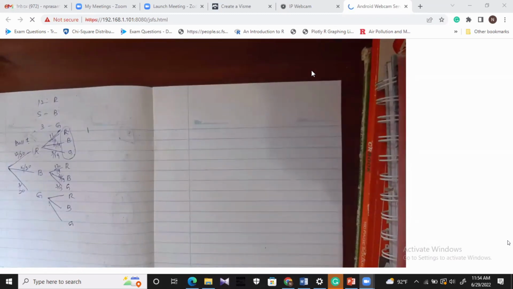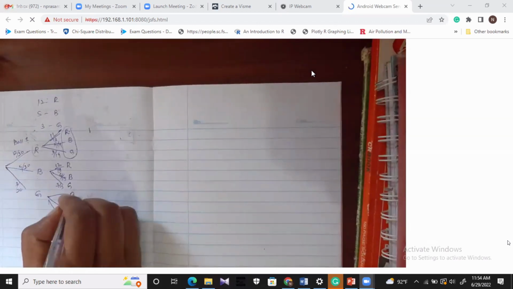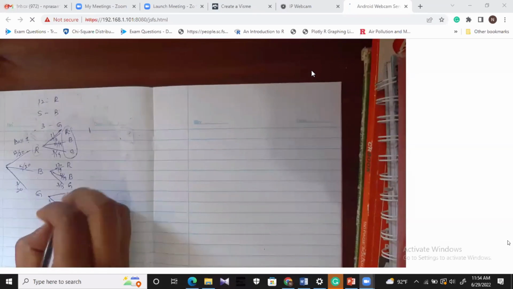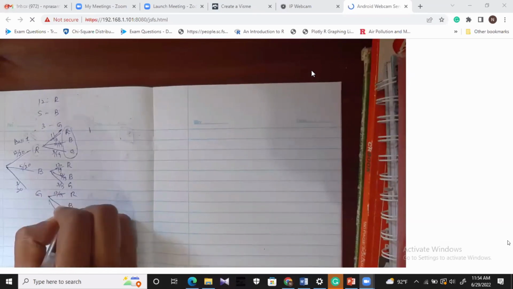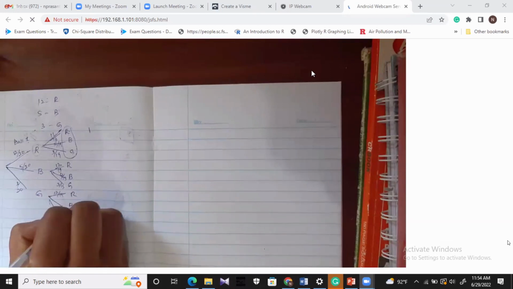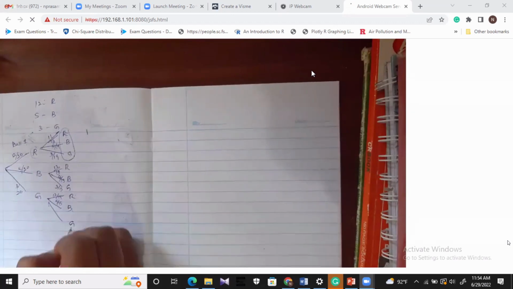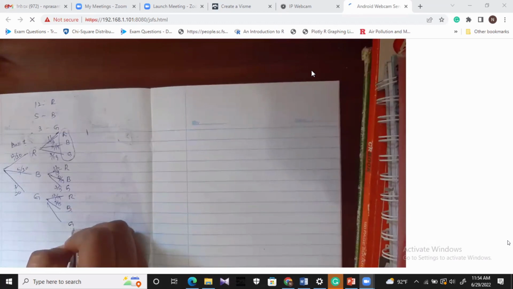Now come to the next branch, that is taking the second ball. We have three possible outcomes. It can be either R, B, or G. The probability of getting a red one is 12 upon 19. The probability of getting a blue one is 5 upon 19. Now tell me the probability of getting a green ball. How many green balls are there in the bag now? 2.